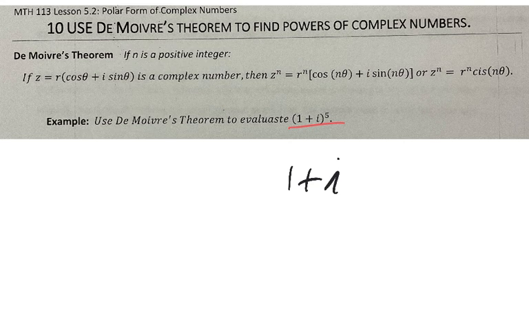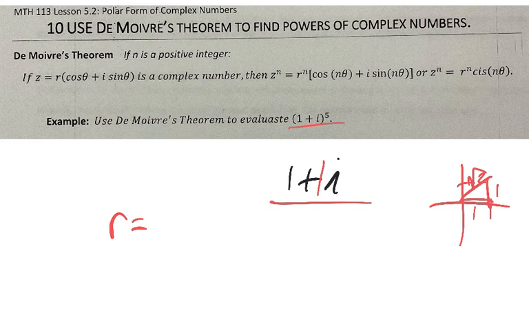So, we're going to convert this, which is in rectangular form, to polar form. So what's the real part? 1. What's the imaginary part? 1. Do we know what r would be? What's the radius of a 1 and 1? Radical 2. So 1, 1, radical 2. What's my theta?